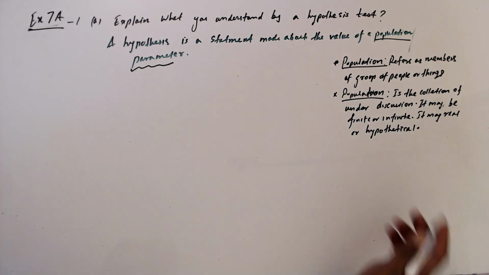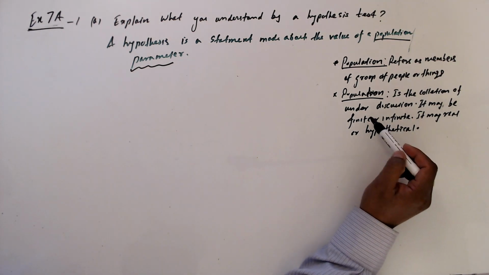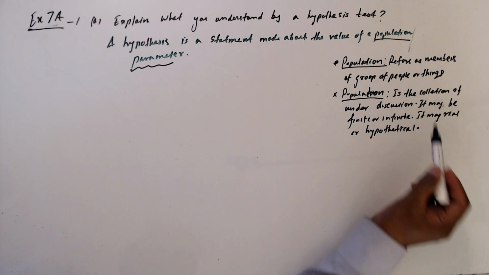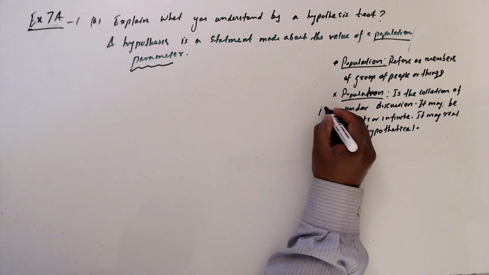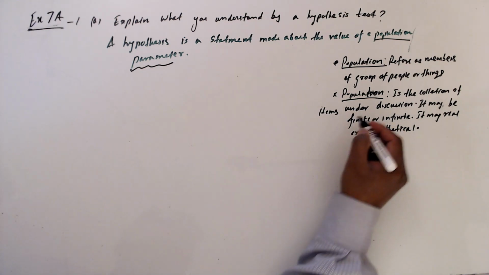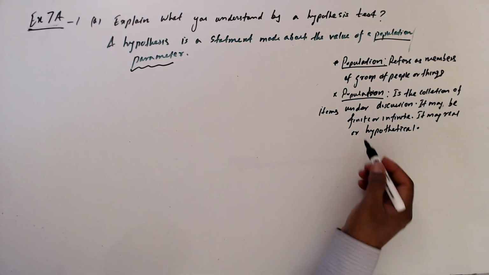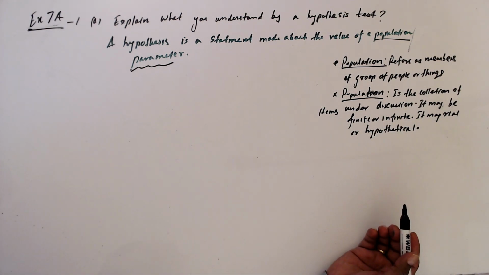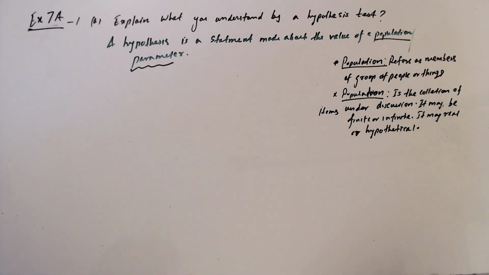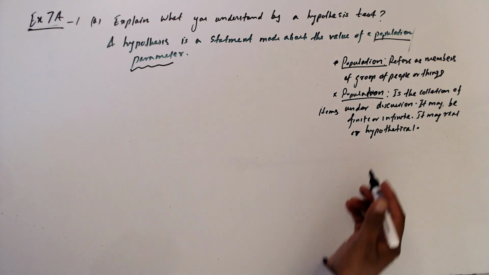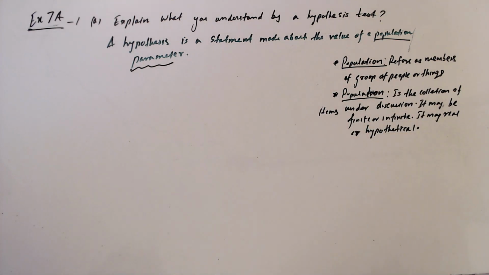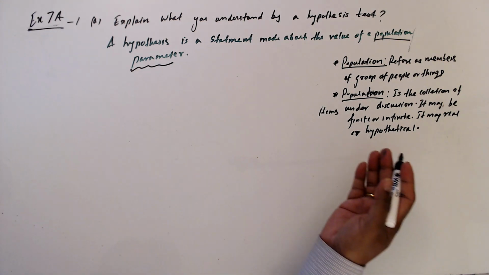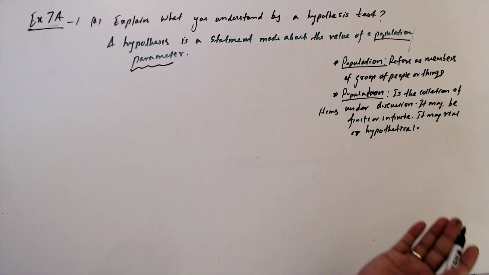Or, a bit more advanced, a population is a collection of items under discussion. It may be finite or infinite. It may be real or hypothetical. So this is another advanced definition, but we can state that a population may refer to members of a group or things.